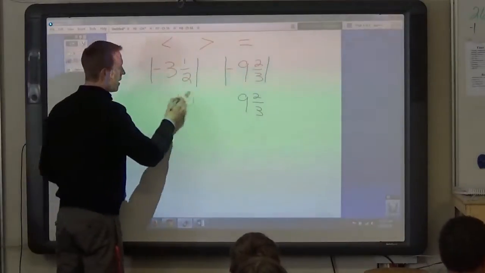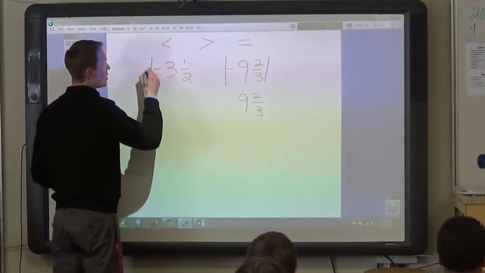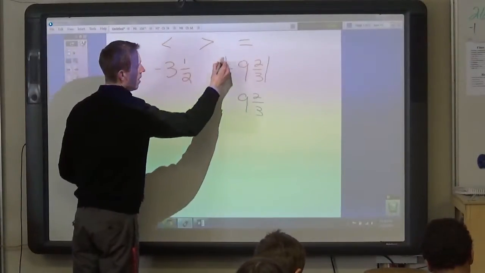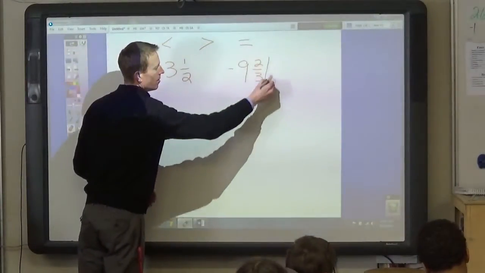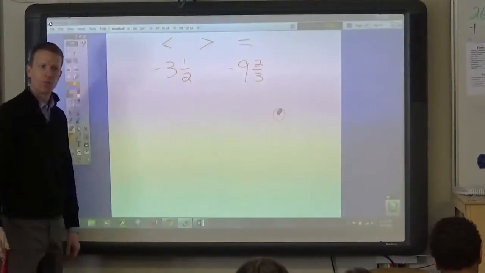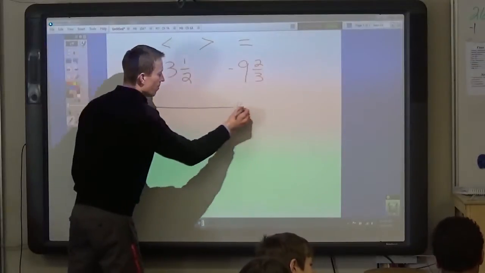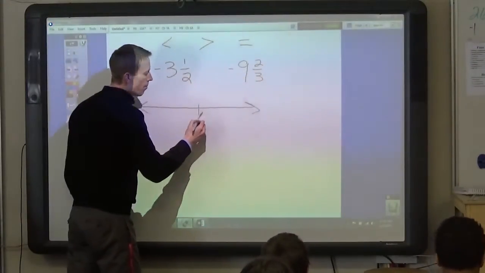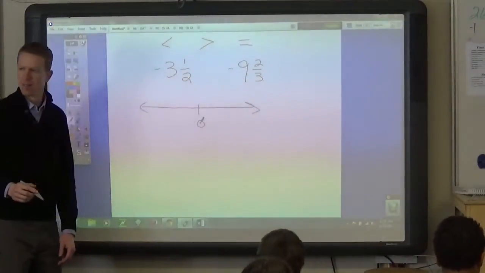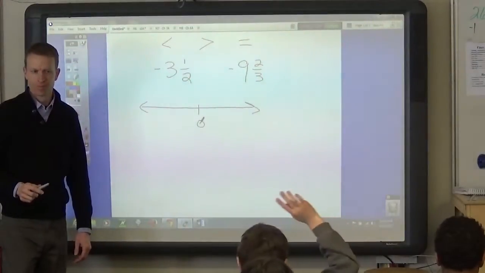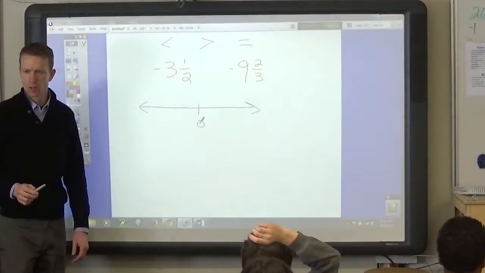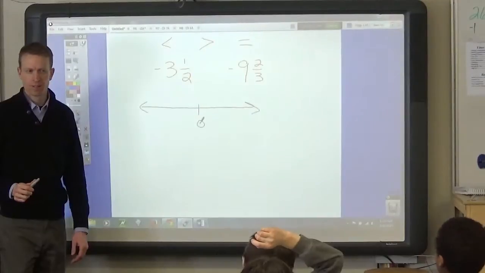So we're not looking at the absolute value, we're looking at the actual values. And which one is less? And why? In other words, which one is lower on a number line? Which one's lower on a number line?